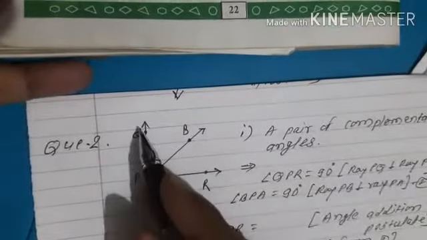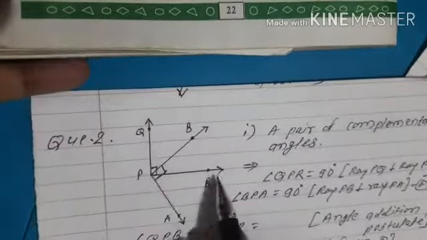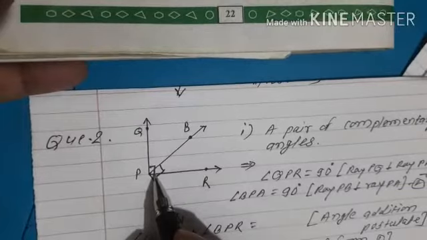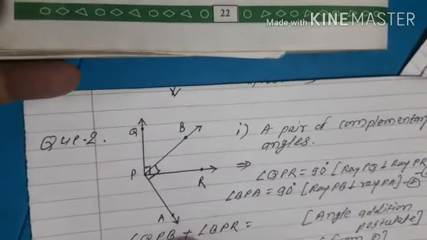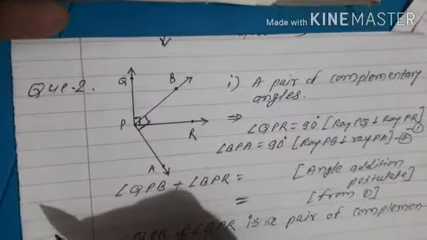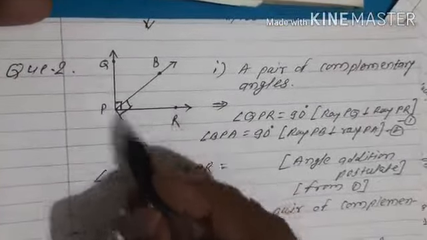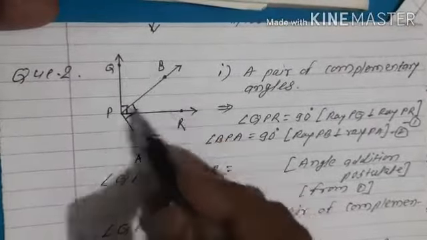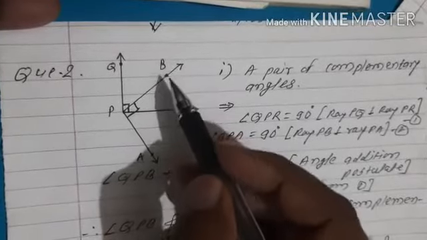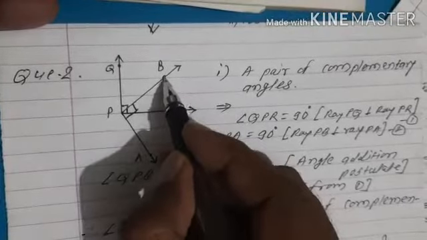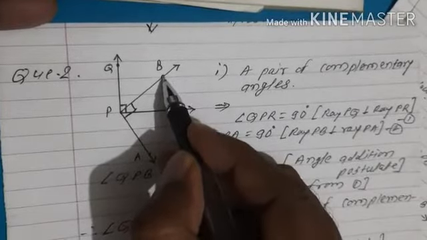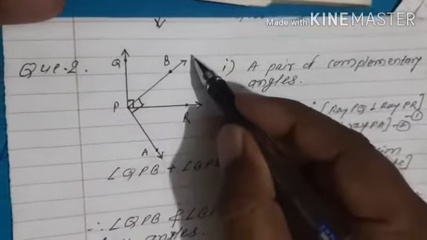Therefore I draw here ray PQ, ray PR perpendicular to each other, and point B and point A are in interior and exterior, means QPR, its interior part is this one. Point B is in the interior, hence I take here point B and draw ray PB.